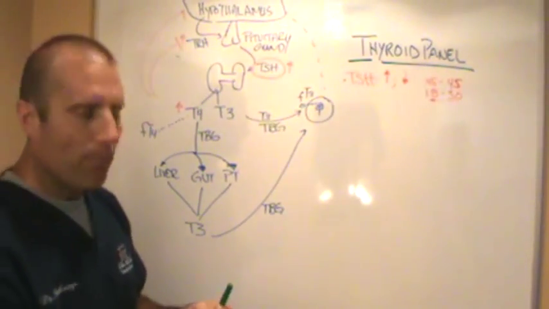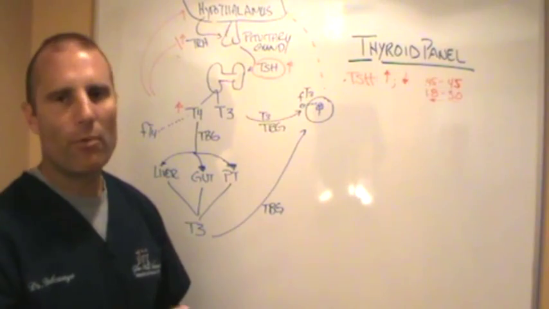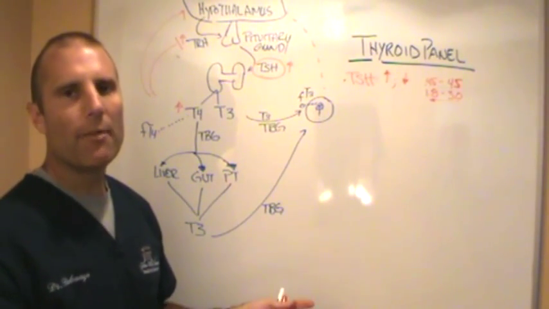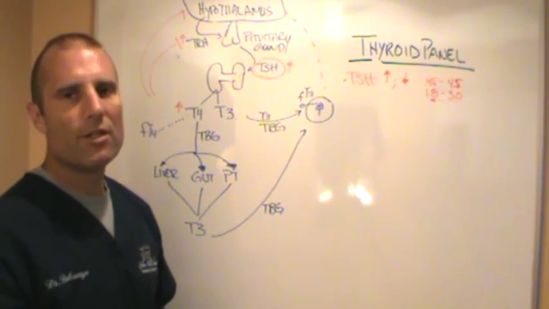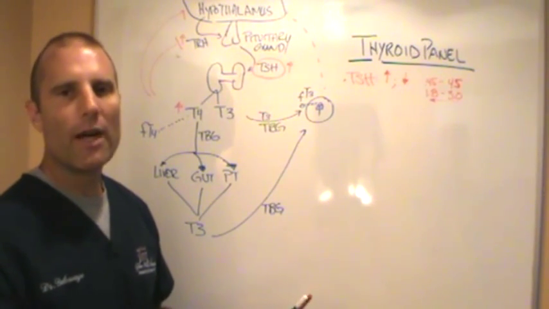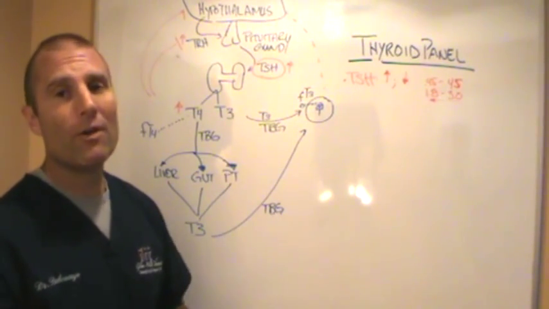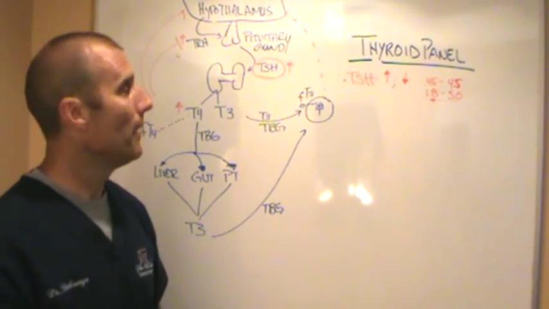But step one, we've got to run a TSH as part of almost every panel, and if TSH is up, we typically are thinking a hypothyroid state, and if TSH is low, most doctors are thinking more of a hyperthyroid state. And you could have hypothyroidism even though your TSH is actually low, but that's for another day.